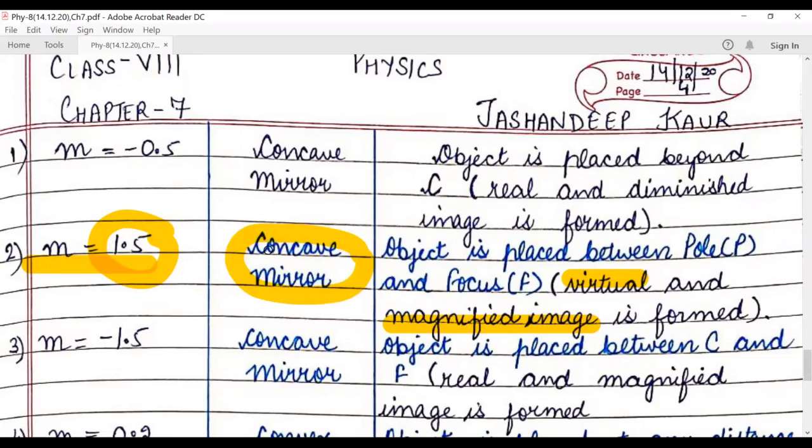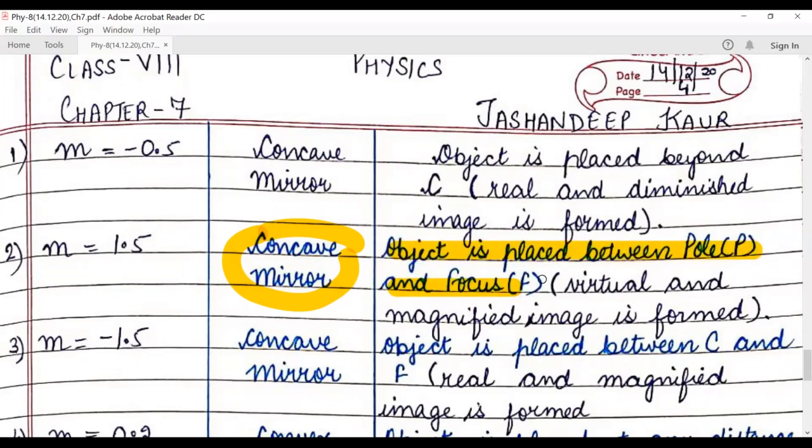Students, in both convex and plane mirrors, you cannot form a magnified image. So for formation of a magnified image, we have a concave mirror. So the object here can be placed between pole and focus. This was the last case which we drew in the category of concave mirror.